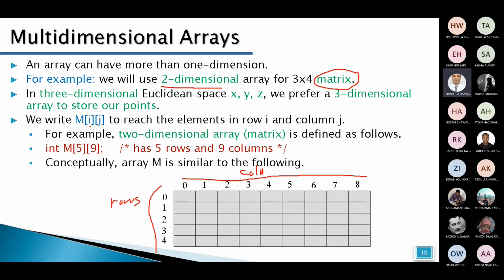Usually we define matrix like this: data type, then the name of the matrix, then number of rows, number of columns.